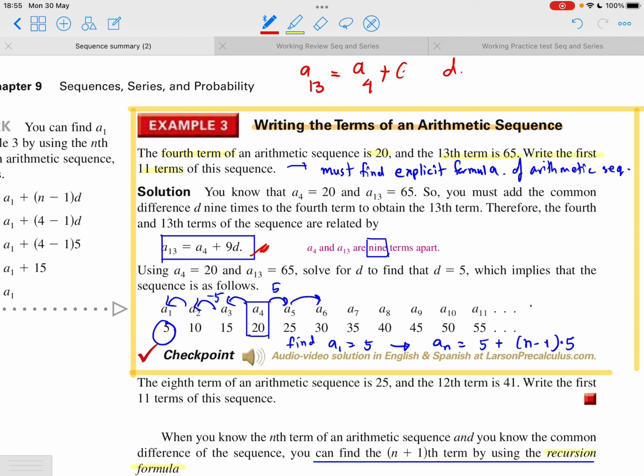So the gap would be between the 13th and the fourth term, which is 9. So if you want to write a_12 in terms of a_9, it would be a_9 plus (12 minus 9) times d.